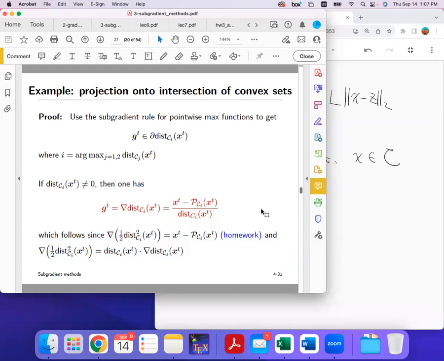I think we will see something similar, more general, in the later lectures, but here I will not dive into the details. Given this formula, we have this subgradient, we plug it back into the subgradient method, and that is our result.